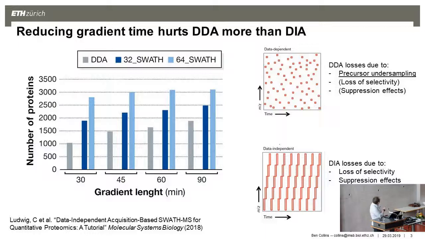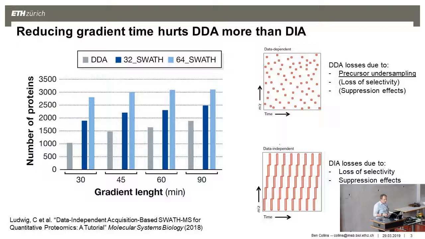In DIA, there might be some effects from squeezing the gradient as well, but this is probably primarily due to a loss of selectivity, so more things are overlapping in the chromatographic space because of a little bit of loss of chromatographic resolving power and potentially some suppression effects. But these things also, of course, affect DDA. The intuition is that the primary loss in the DDA data is going to be due to this precursor undersampling, and this is the effect that we're seeing here.